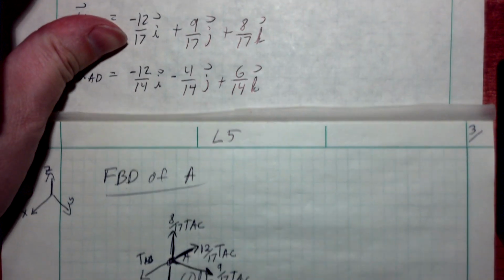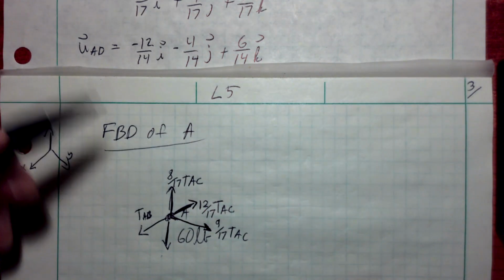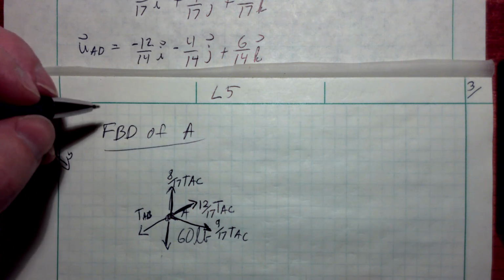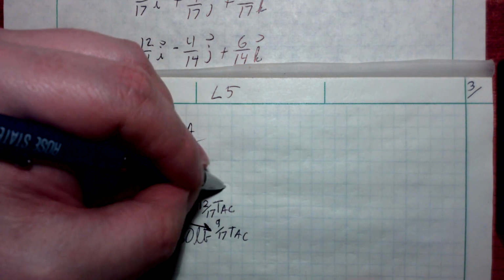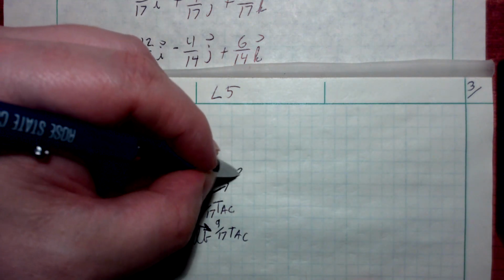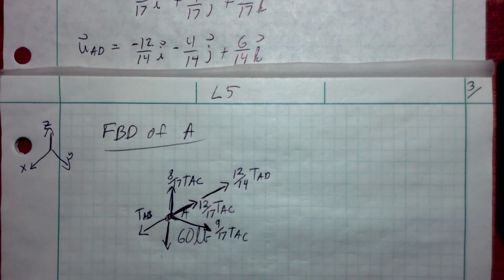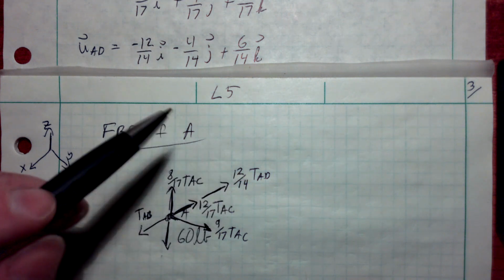Let's look at AD. So let's push that up so we can see that still on the screen. So AD, and again, you can reduce these fractions if you like. I'm going to leave them as is so we kind of keep track of where they came from. AD also has a negative X direction. 12/14 TAD. I'm not going to add the negative sign to it because it's already in the negative X direction.